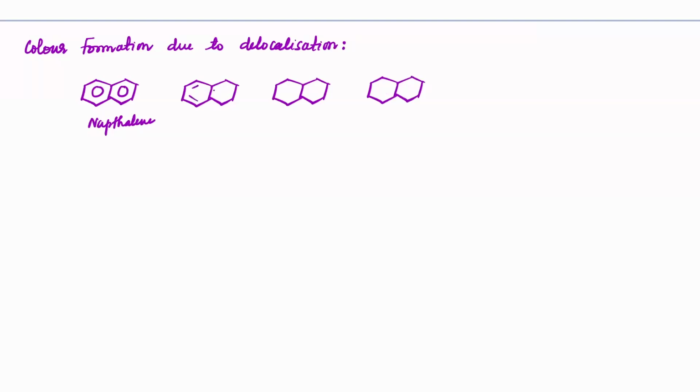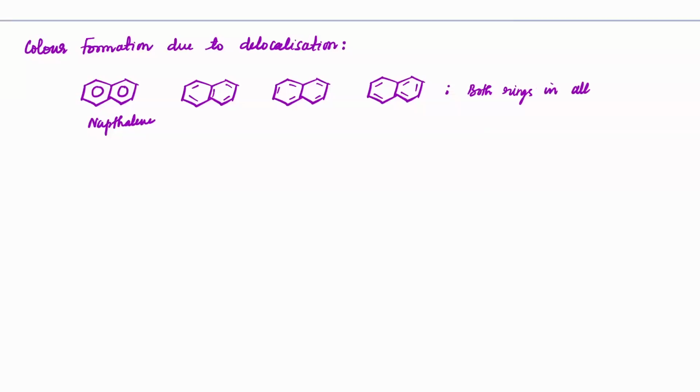One is like this, correct? One is like this, correct? One is like this. These are the resonating structures. So you can see there is an extension of conjugation, but both rings in all resoforms.